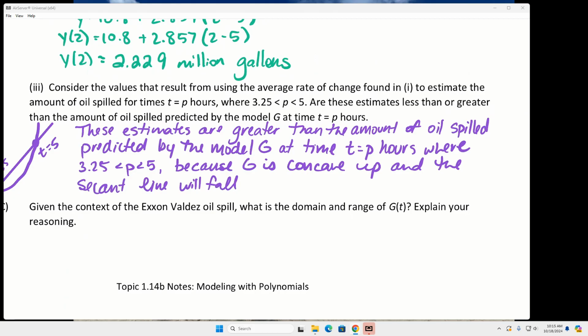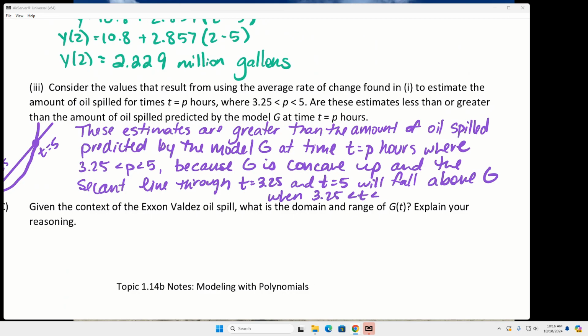Oh, I forgot something that's also important. It's going to be the secant line through t equals 3.25 and t equals 5 will fall above G when 3.25 is less than t is less than 5.